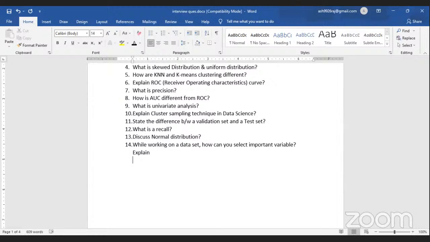Second, use linear regression and select variables which depend on the p values.